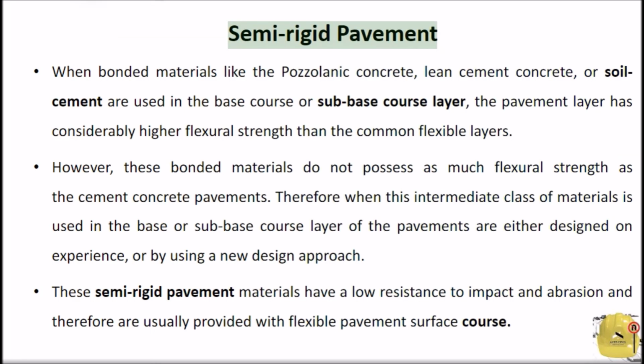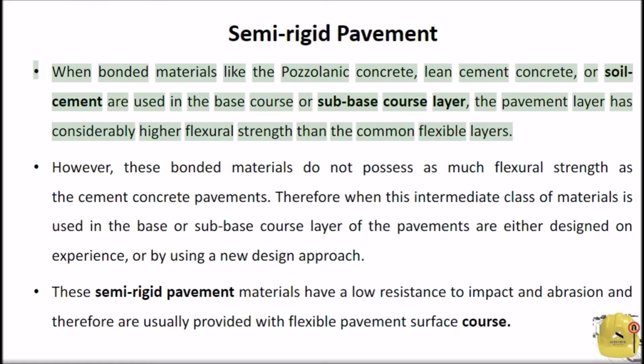Semi-rigid pavement. When bonded materials like pozzolanic concrete, lean cement concrete, or soil cement are used in the base course or sub-base course layer, the pavement layer has considerably higher flexural strength than the common flexible layers.